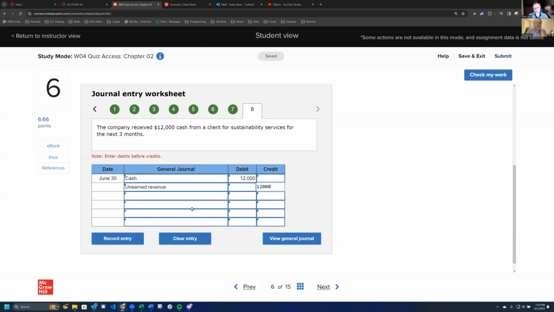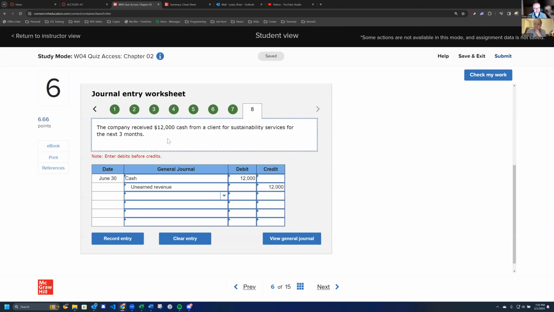Yeah. So unearned revenue has a credit of 12,000, and then when they provide the services, you switch sides. You debit unearned revenue and credit service revenue. So it moves from a liability. Let's say you didn't actually perform the services.